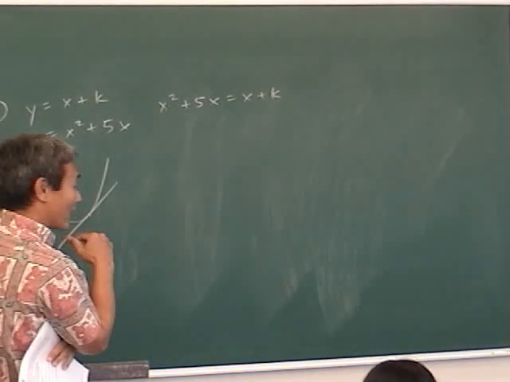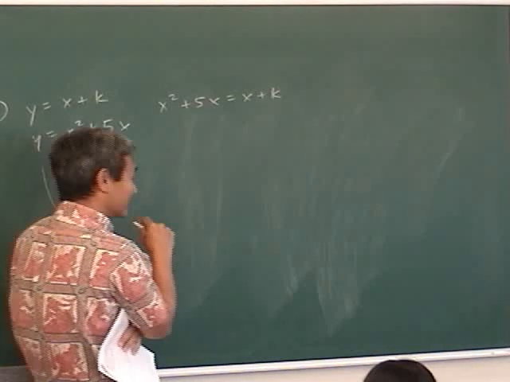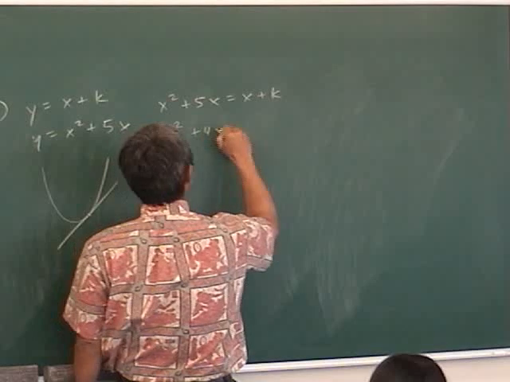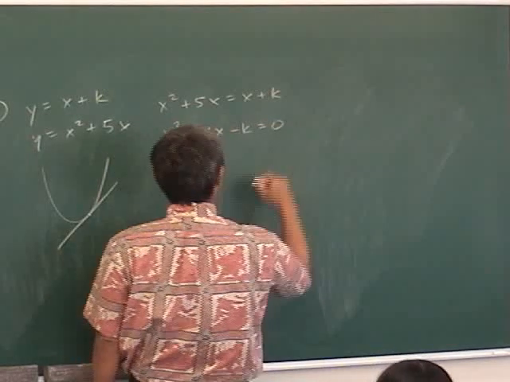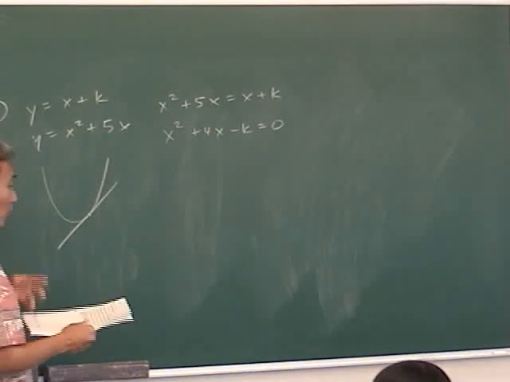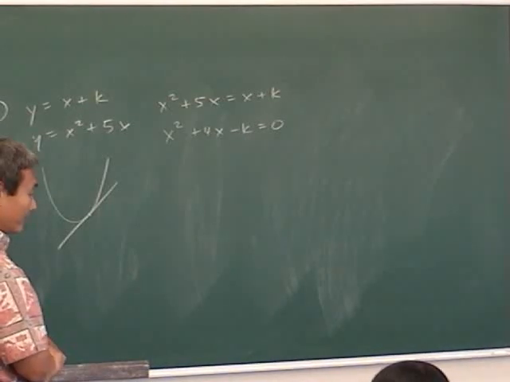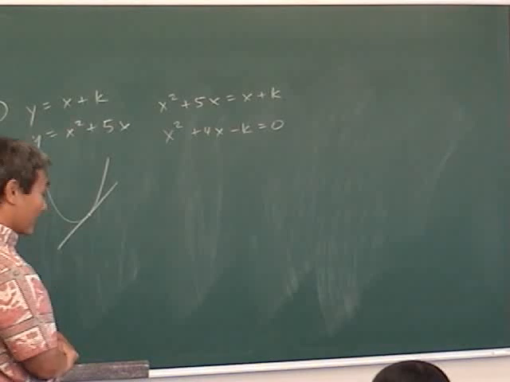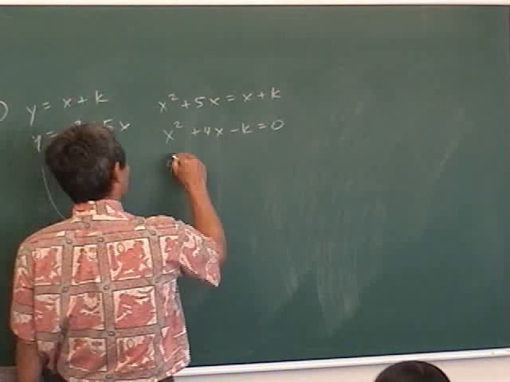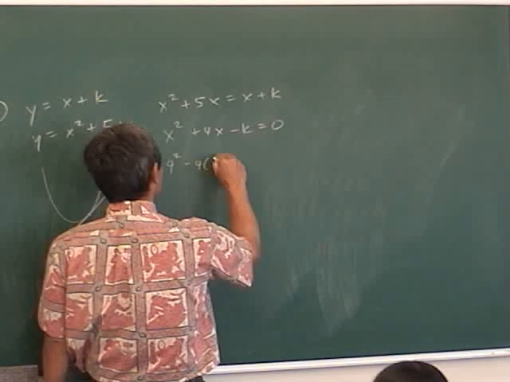How do you solve quadratic equations? You make one side 0. So you get x squared plus 4x minus k equals 0. Now, when you have a quadratic equation, what tells you what kind of roots you have? The discriminant. Okay, now what is the discriminant of this problem? B squared minus 4ac.